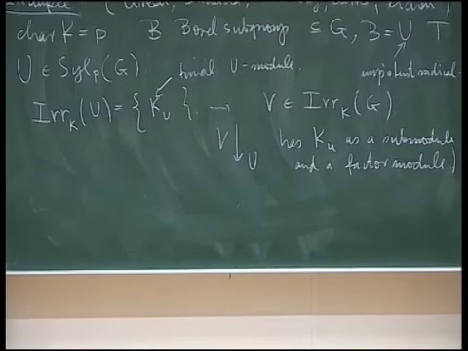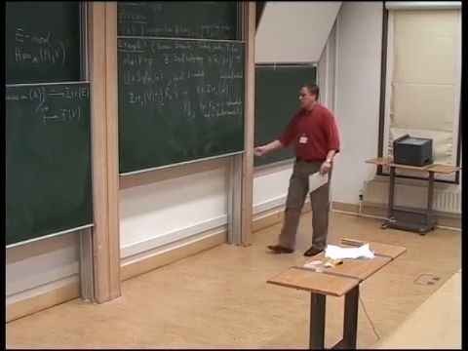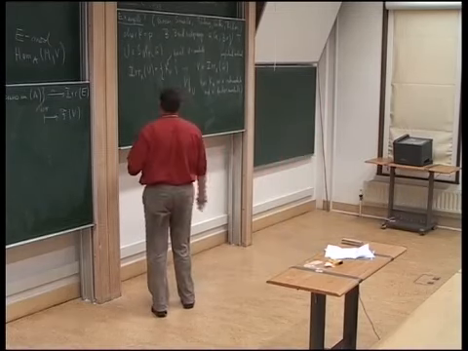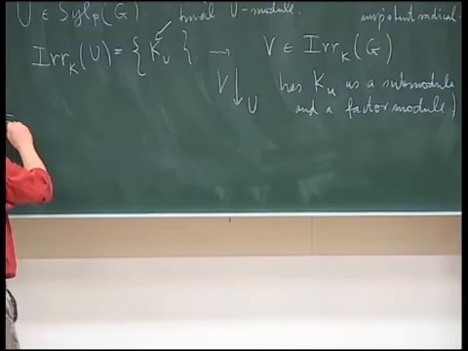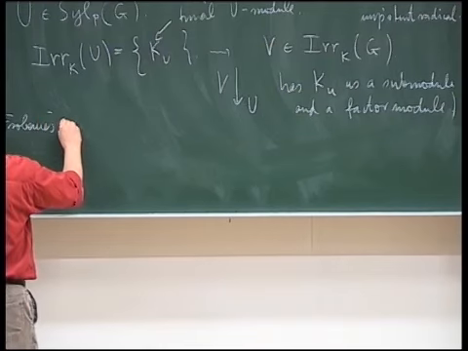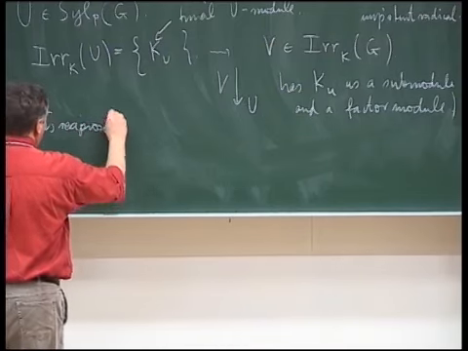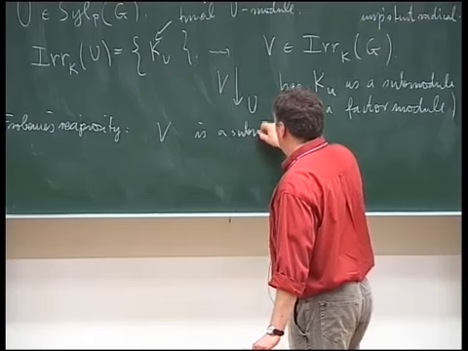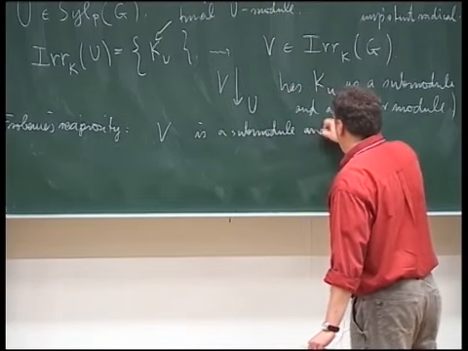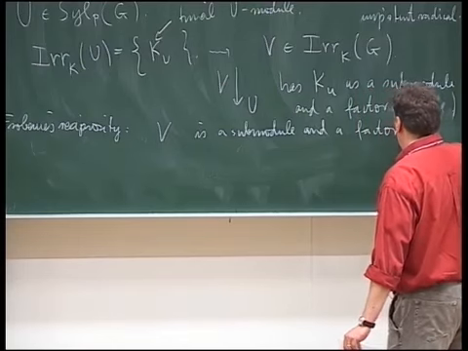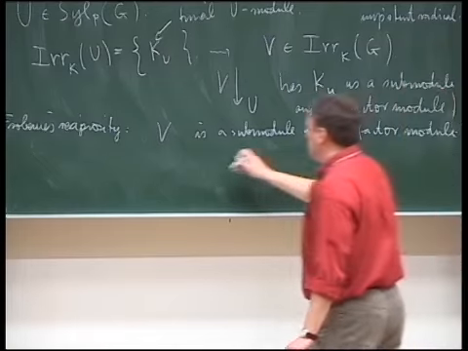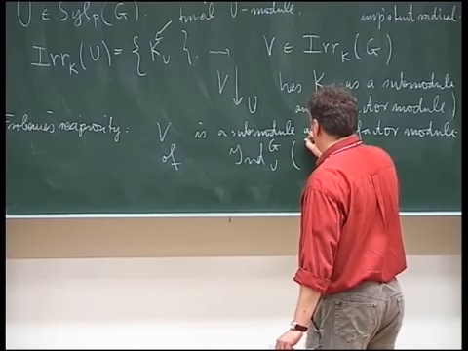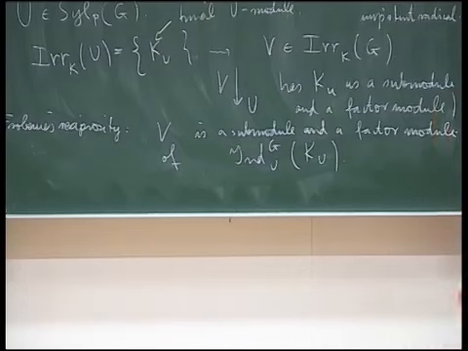And so by Frobenius reciprocity, we know that V is a submodule and a factor module of the induced representation from U to G of K_U.